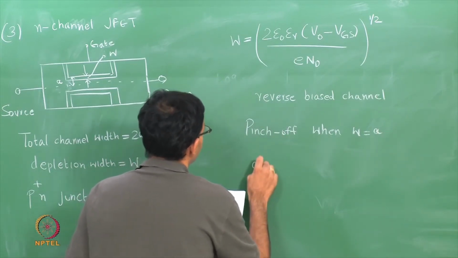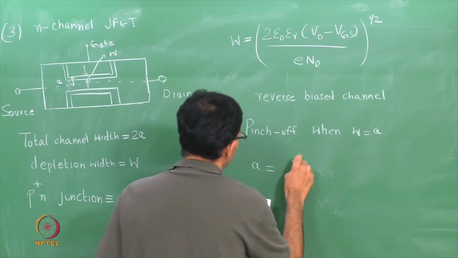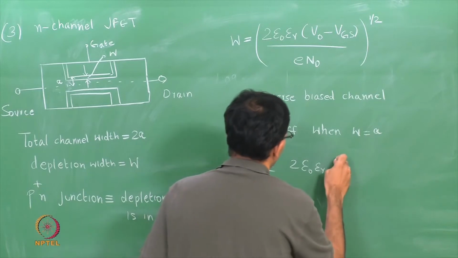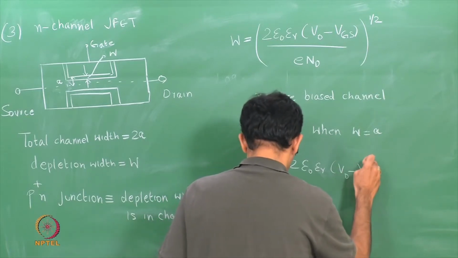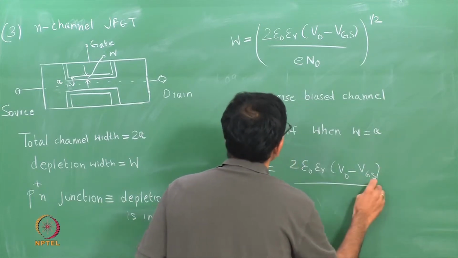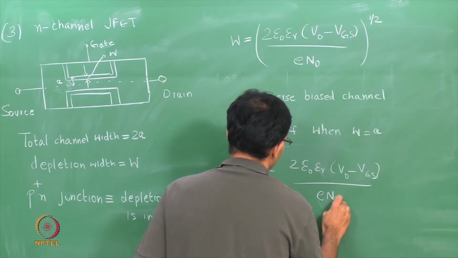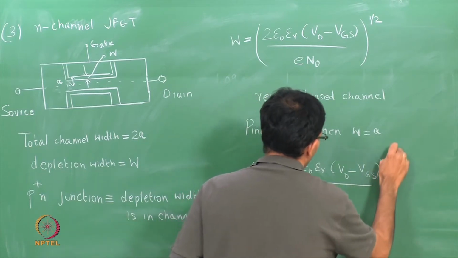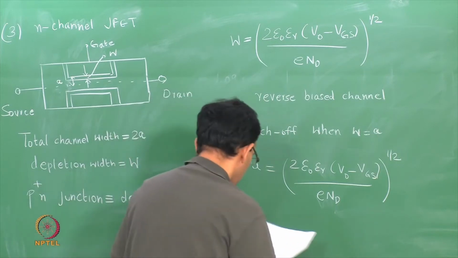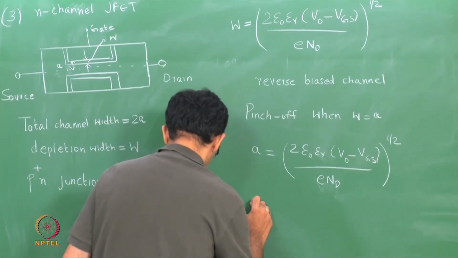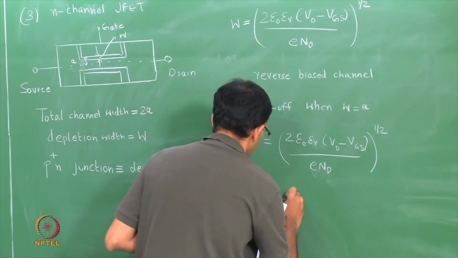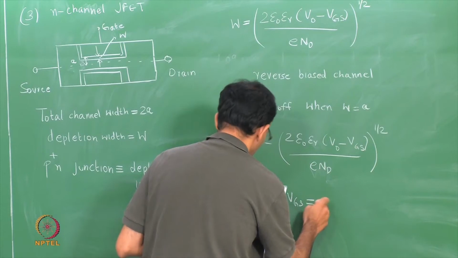so that A is nothing but 2 epsilon naught epsilon r, you can write it as epsilon times V naught minus V g s divided by E n d whole to the half. So, this we can basically rearrange, so that V p, which is minus V g s, is your pinch off voltage.